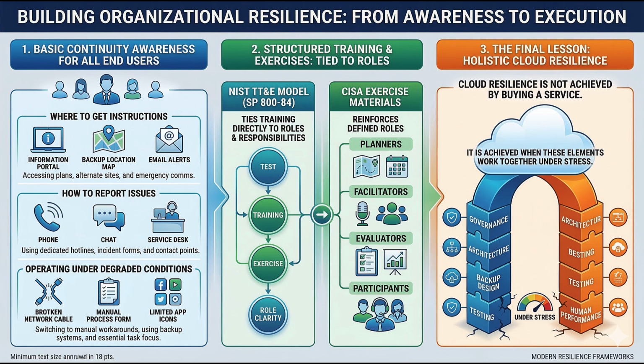NIST's TT&E model is useful here because it ties training directly to roles and responsibilities, while CISA's exercise materials reinforce defined roles for planners, facilitators, evaluators, and participants. The final lesson is straightforward. Cloud resilience is not achieved by buying a service. It is achieved when governance, architecture, backup design, testing, and human performance all work together under stress.